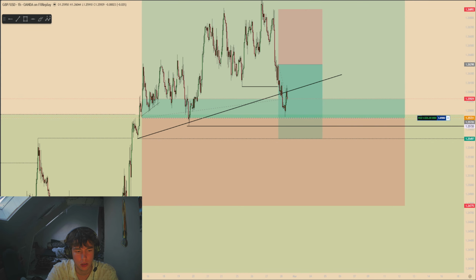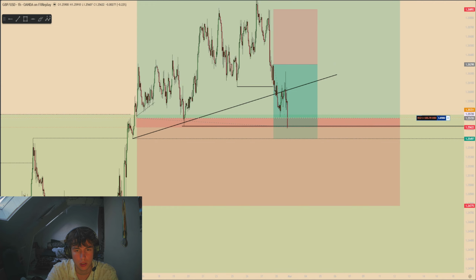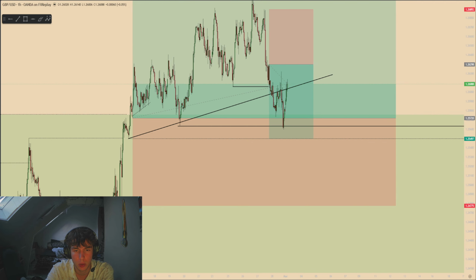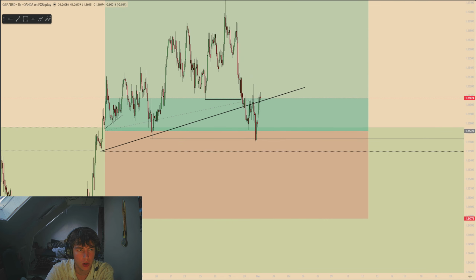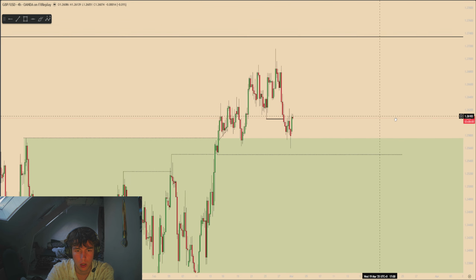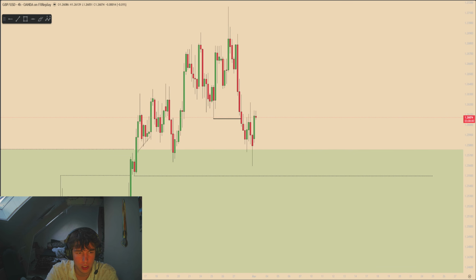Okay. We're not seeing anything. Okay, that's a break even, but we do see the sweep. And now we are seeing a bullish reaction from the sweep. Okay, so currently we have taken out liquidity.